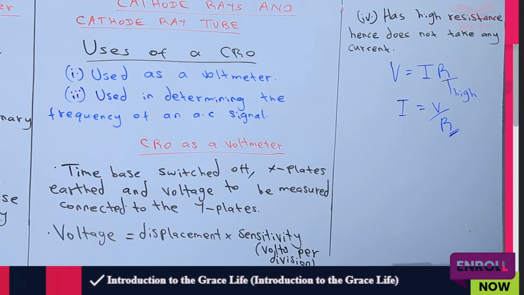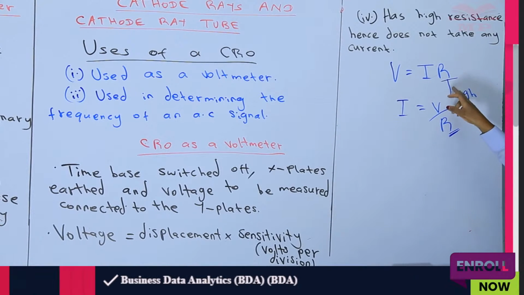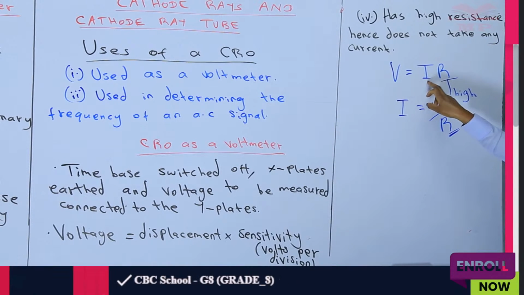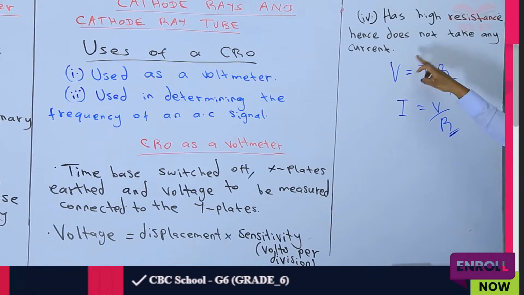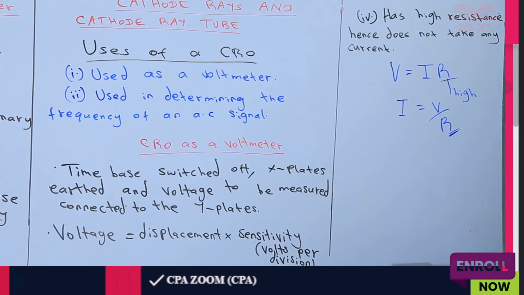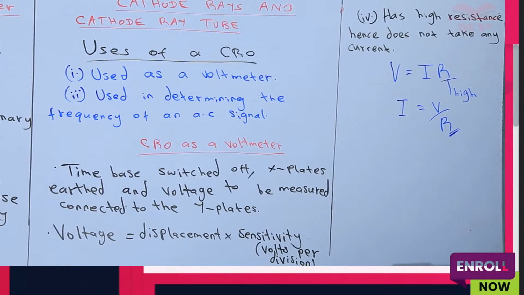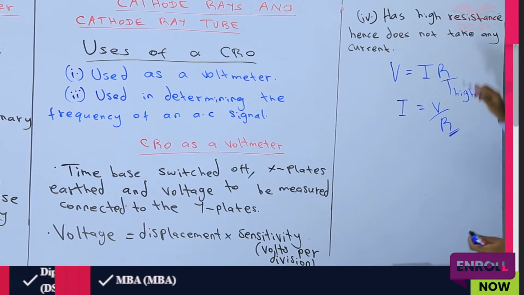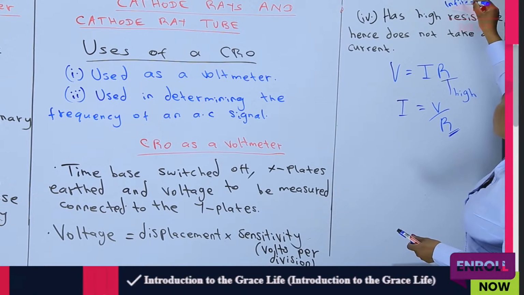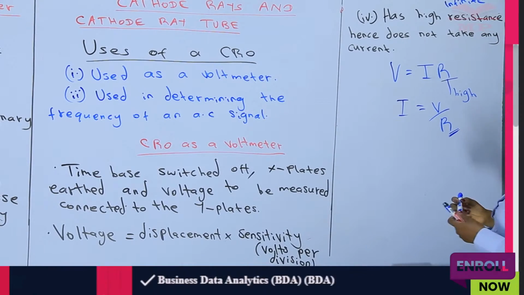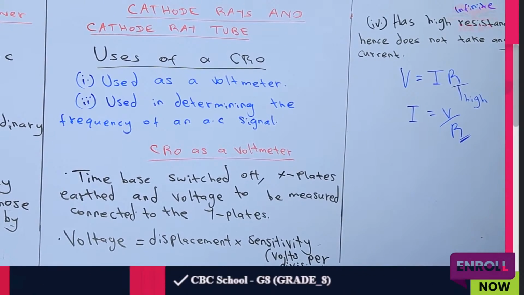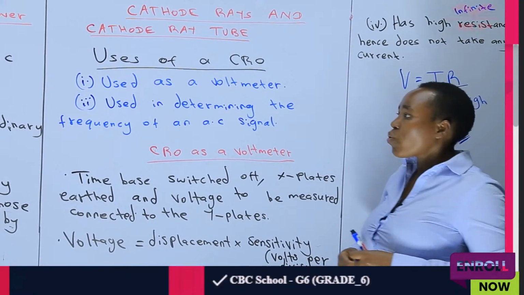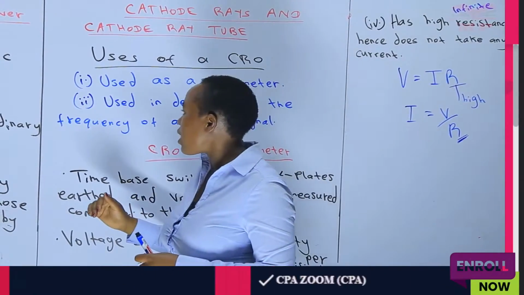It's not going to take any current, because if it were low, the current would be affected, and the CRO is being used to measure the voltage. So it has a high resistance, what we call infinite resistance, and therefore it does not take away any current. So those are the uses of a CRO.